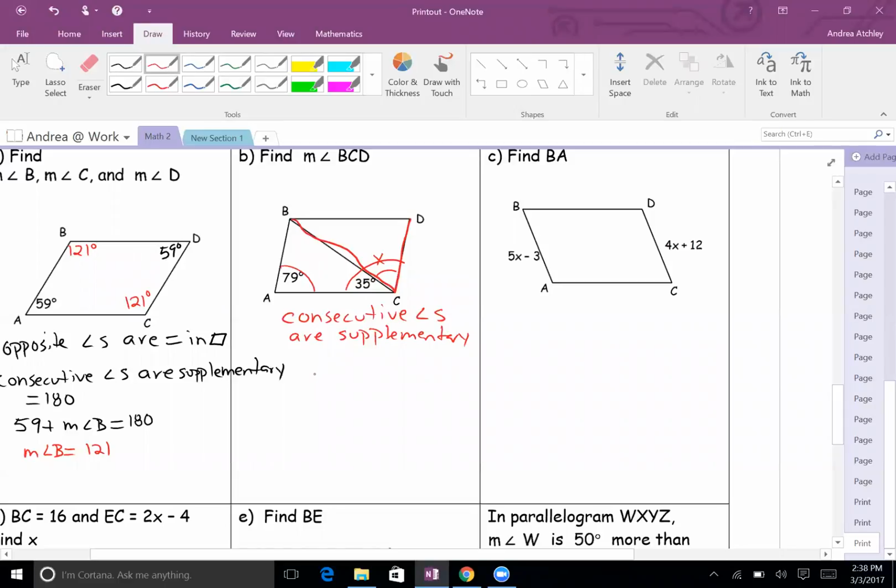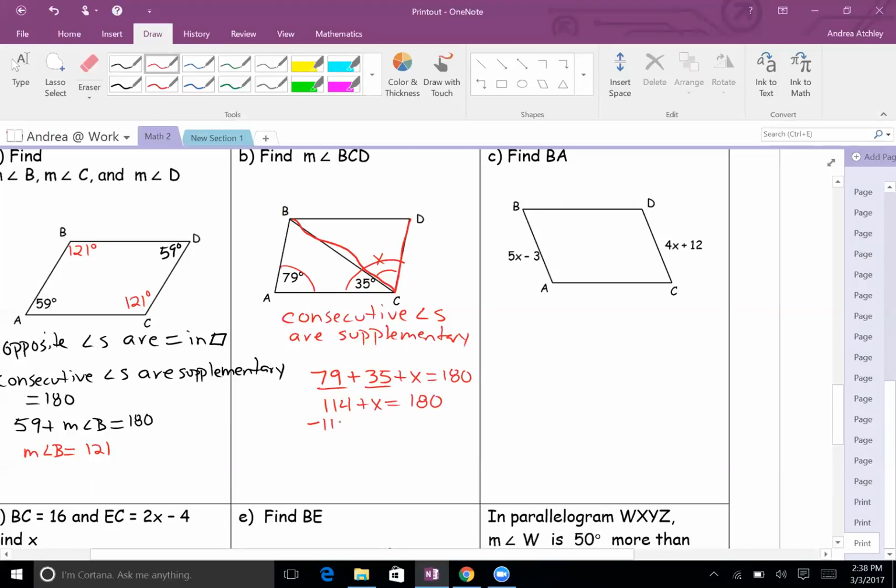So I can have 79 plus 35 plus the smaller angle that I don't know should all equal 180. So I'm going to combine those right there. It's going to give me 114 plus x equals 180.